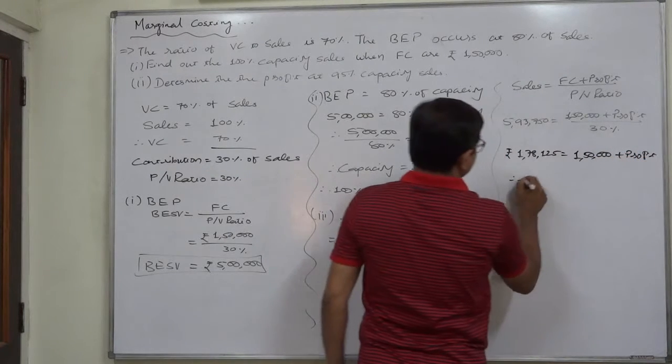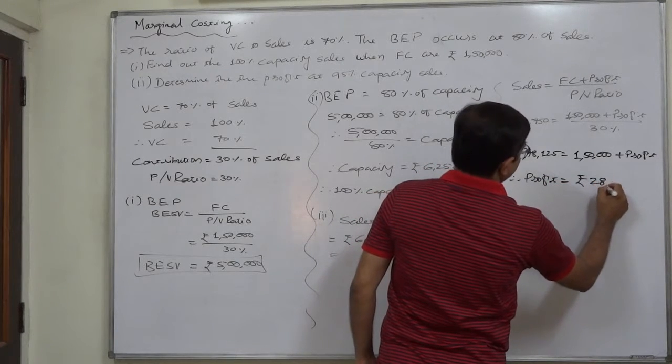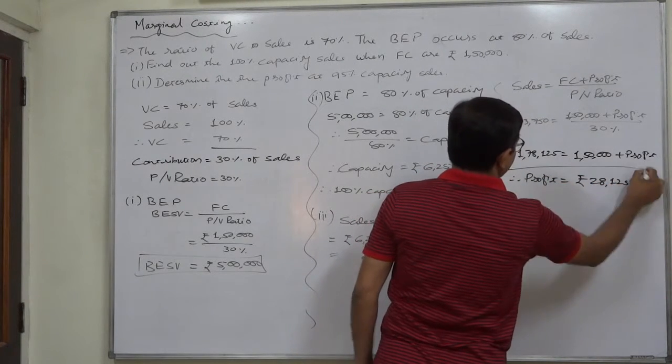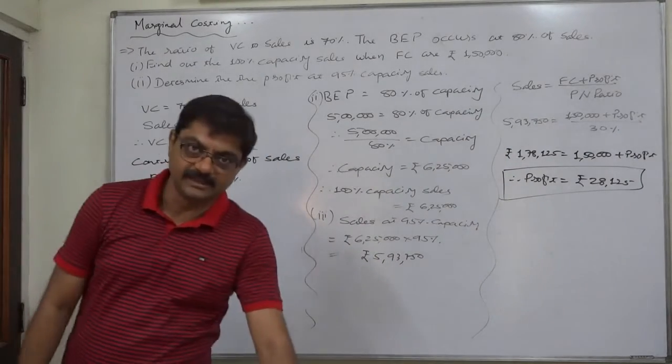So now we can say that profit will be rupees 28,125 if we utilize 95% of capacity. That's it.